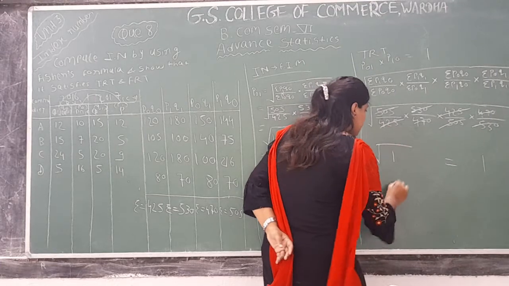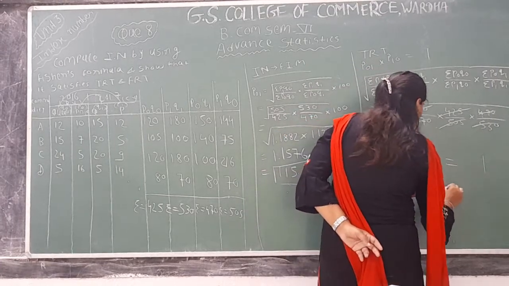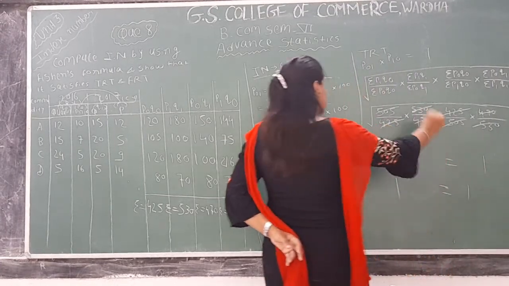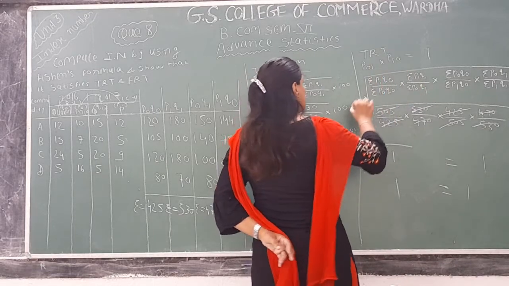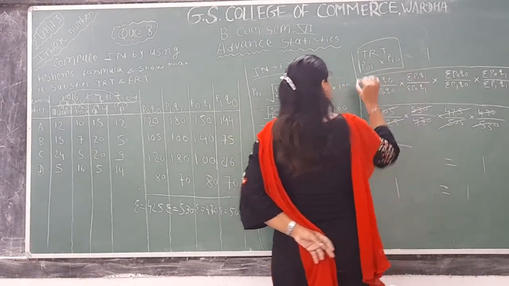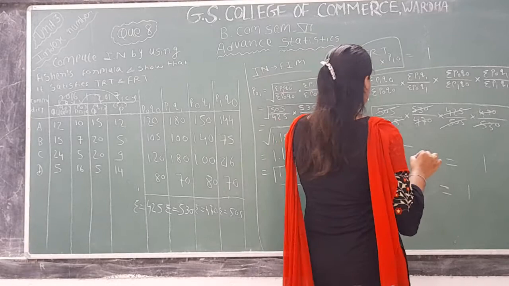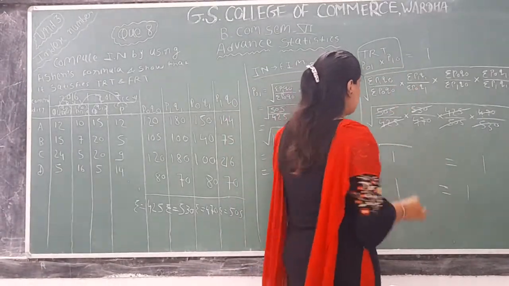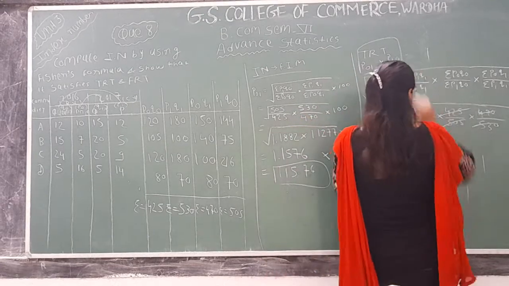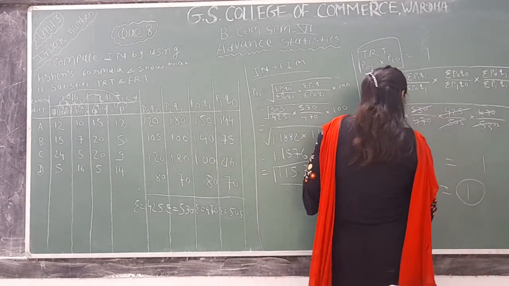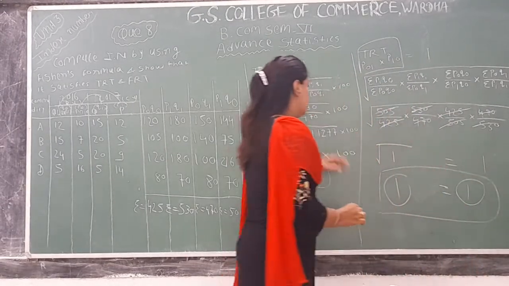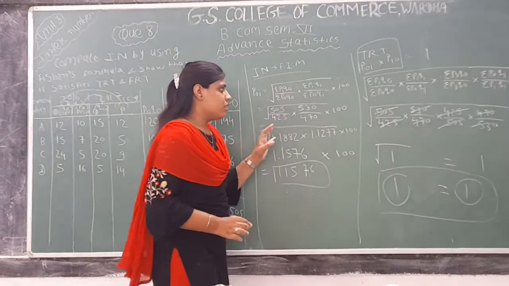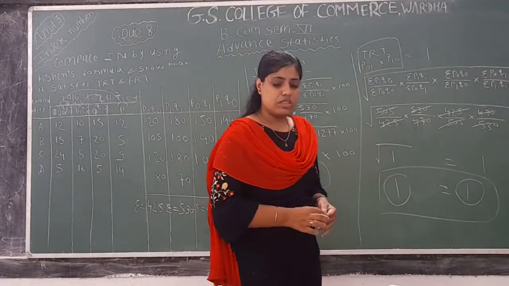Here we computed P01 into P10 and got 1, which is unity. That is why we can say that Fisher's ideal index number method satisfies the time reversal test.